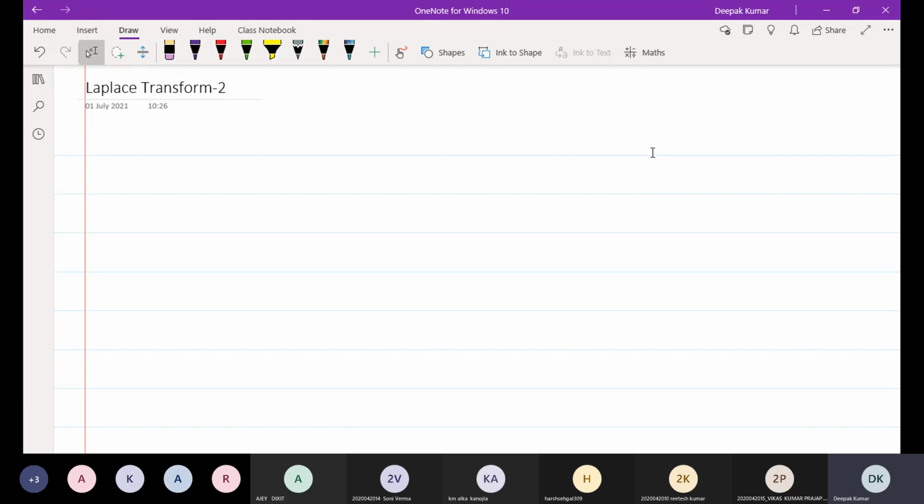So to start, the properties of the region of convergence with some examples. Have you done the question whatever we have given in the previous lecture?